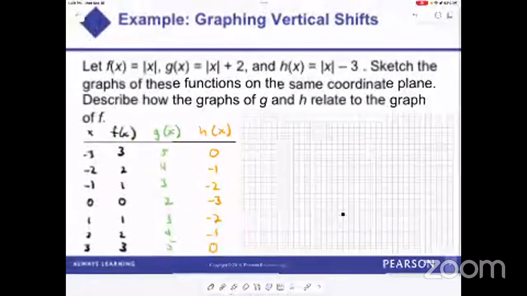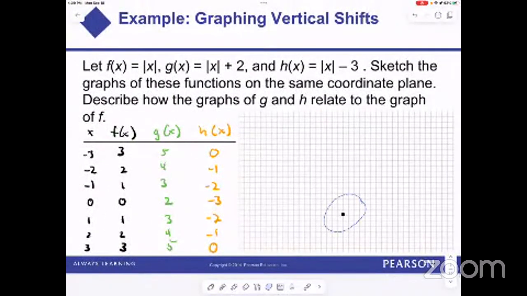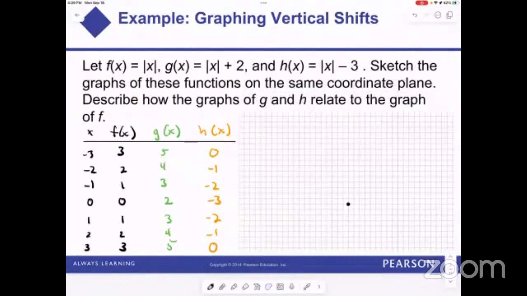Okay. So I'll put my origin about here, looks decent. Actually, let's move it up a little bit. Okay. So our x values go from -3 to 3. So we can go about here.